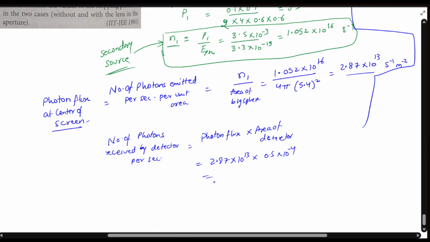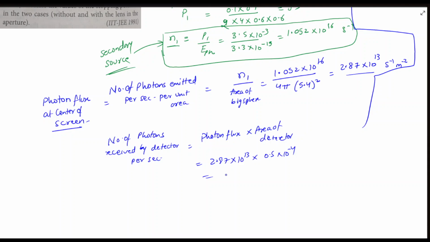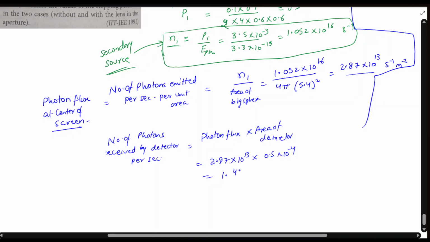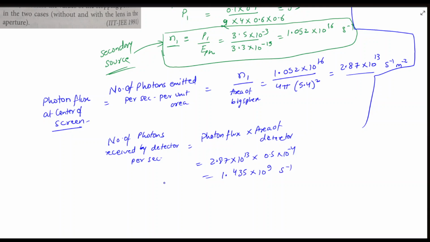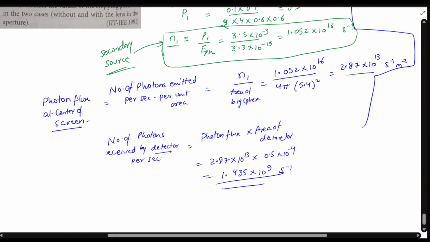If we calculate this, we should get 1.435 into 10 raised to power 9 second inverse. So these are the number of photons received by the detector.